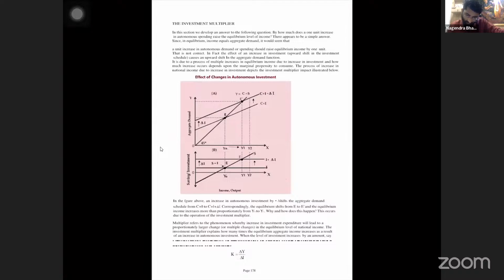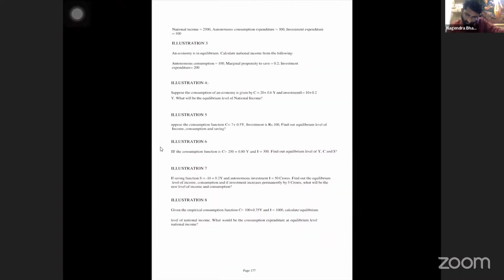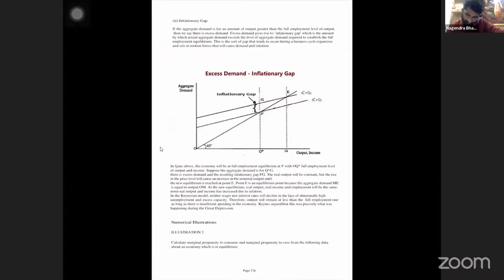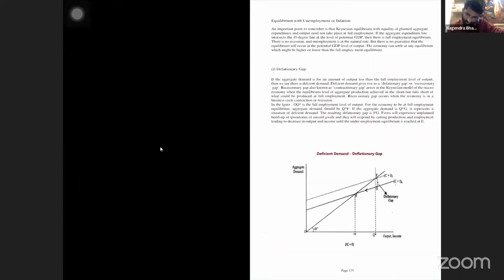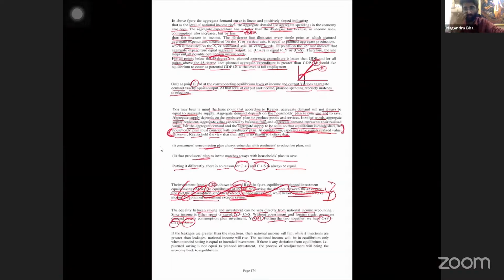Don't worry. It looks like, sir, there are very difficult points given here. No, nothing. Easy points are given. Tomorrow morning at 10 a.m., we are going to start the class again. From 10 to 1:15, I am going to take you through economics, and we are going to finish this unit.